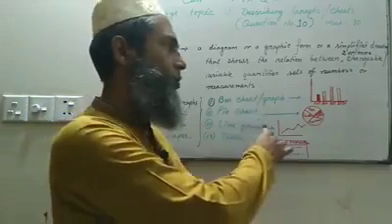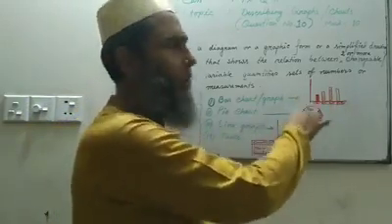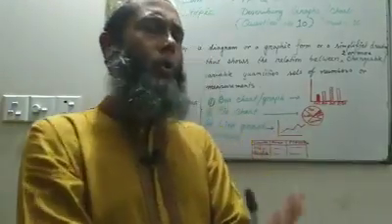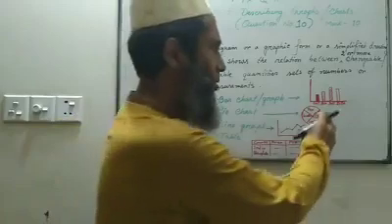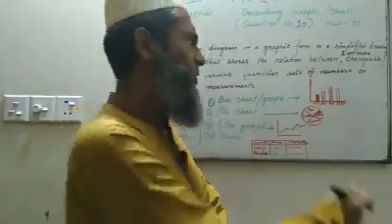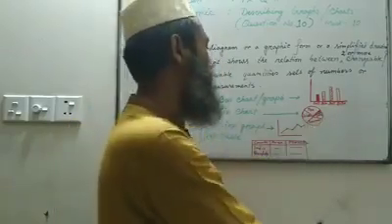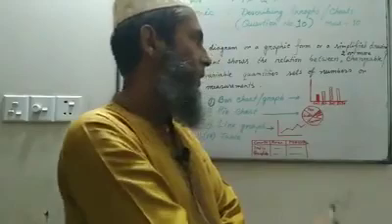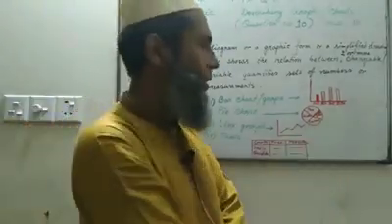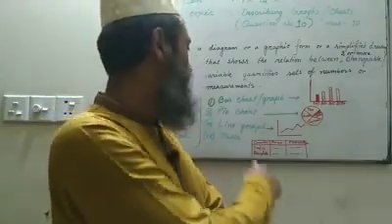Pie chart. Actually, pie chart is a circle, which is divided into a few segments or portions or parts, or you may tell it slices, where something is described in percentages.